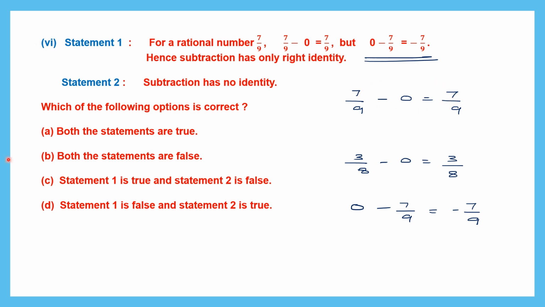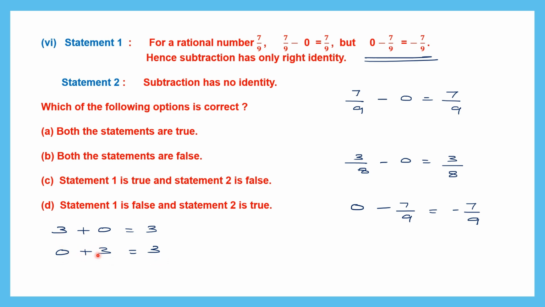Like in the case of addition. Now suppose I say 3 plus 0, I get 3. If I say 0 plus 3 also, I get 3. So can you see this works in both directions? Here 3 plus 0, when I put 0 here, I get back the same number. When I start with 0 also, I get back the same number.